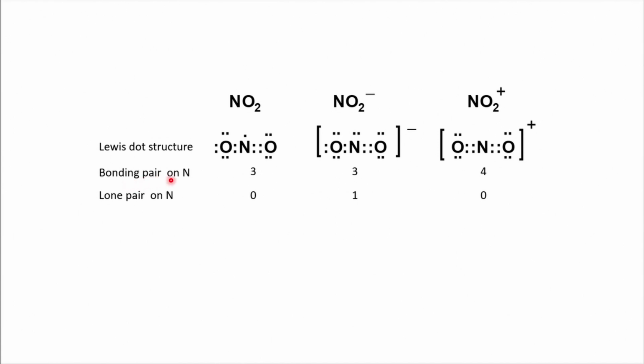If you look at the bonding pair on the nitrogen, the NO2 has 3 bonding pair and 0 lone pair. In the case of NO2 minus, we have 3 bonding pair on nitrogen and 1 lone pair. And in the case of NO2 plus, we have 4 bonding pair and 0 lone pair on nitrogen. So these are the Lewis dot structures. You can read the e-textbook for how to get the structures for all these 3 species.